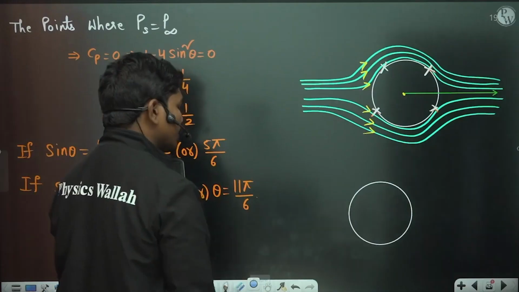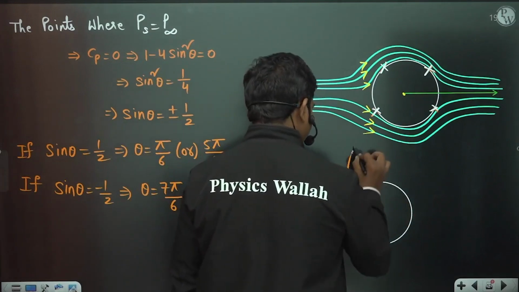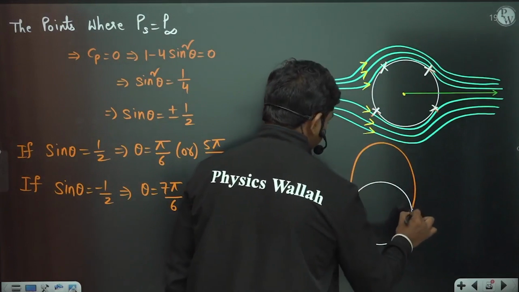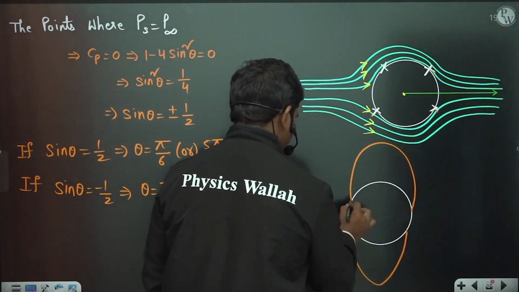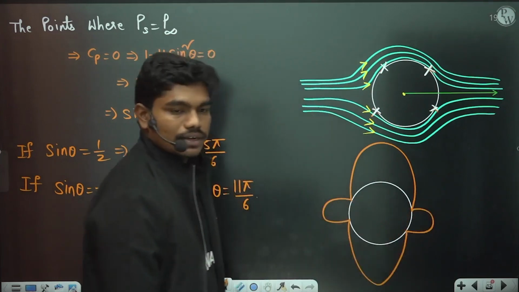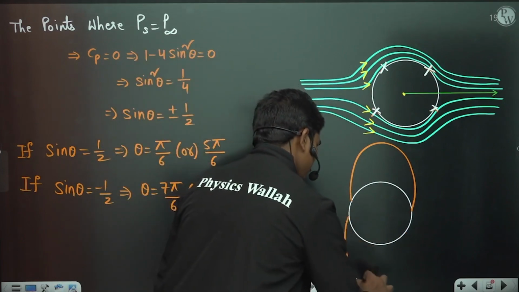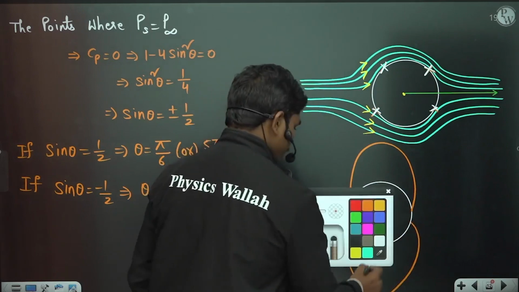In the actual case, the pressure variation looks like this. This is how the pressure actually varies.